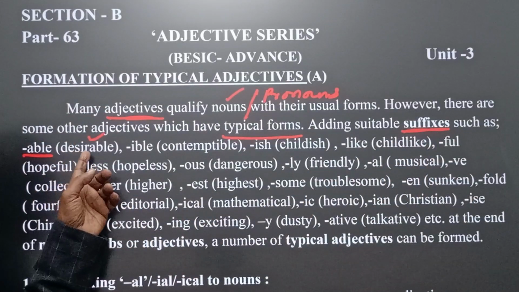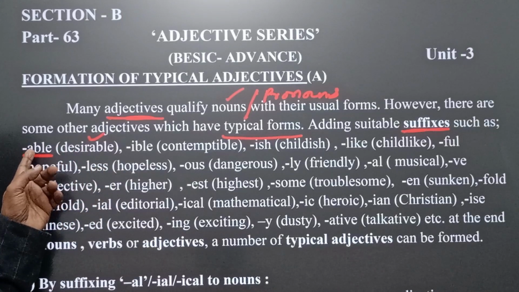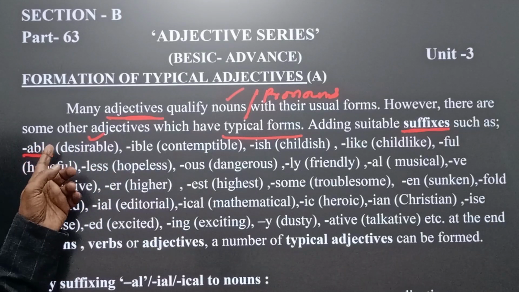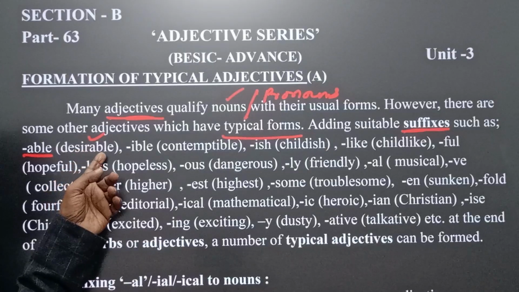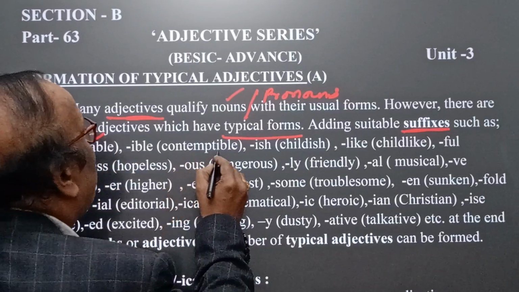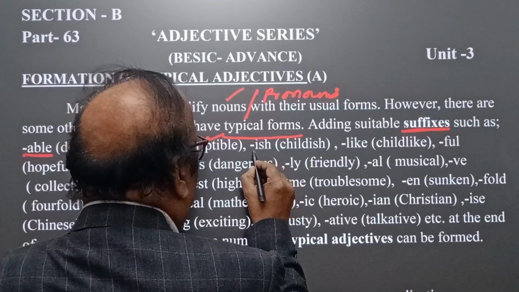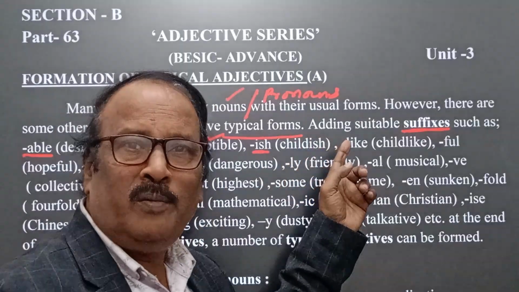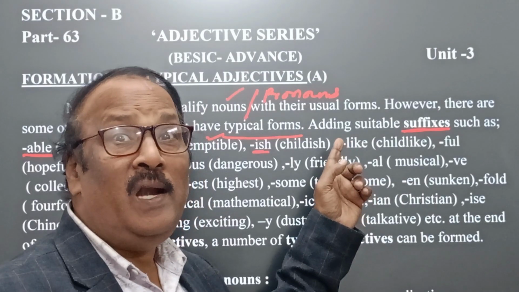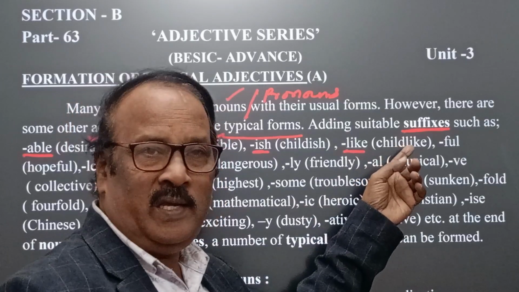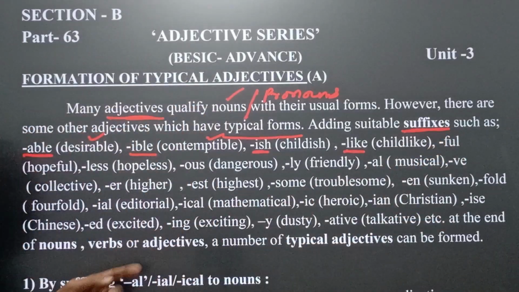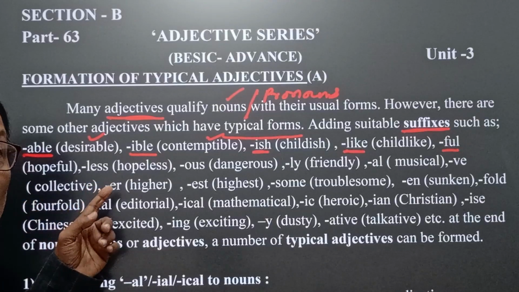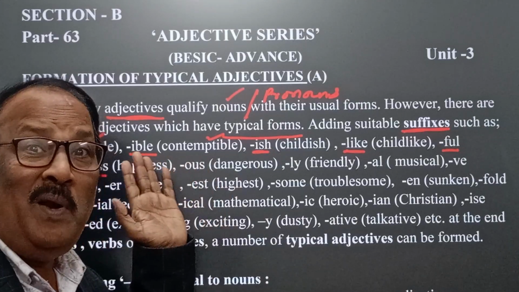Here, desire is the word, and if we use the suffix able, then we find desirable. Contempt, contemptible. Ish is the suffix. If we add it at the end of child, then we find childish. Like, childlike activities. Full, hopeful, be hopeful. Less, don't be hopeless.